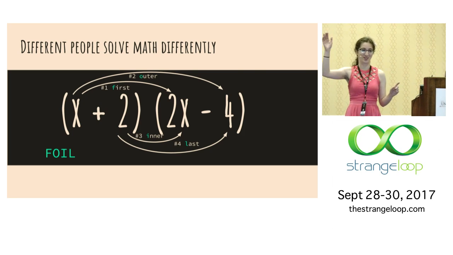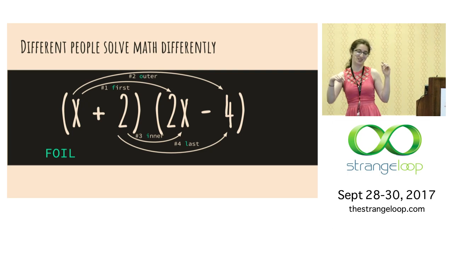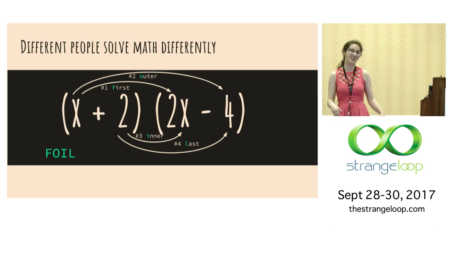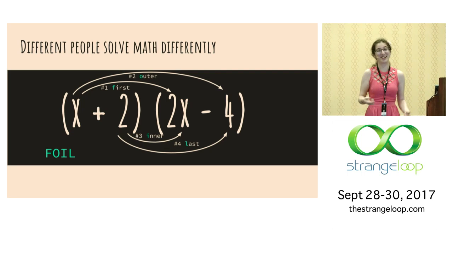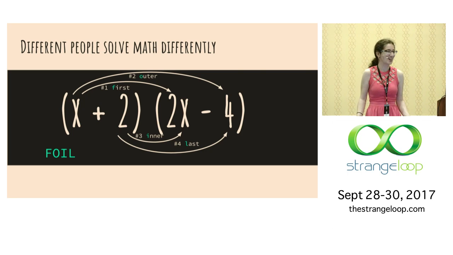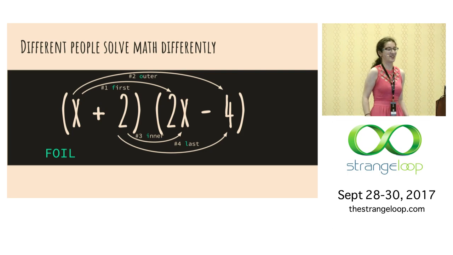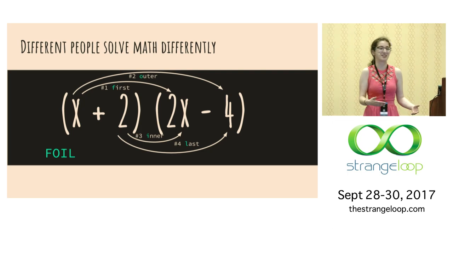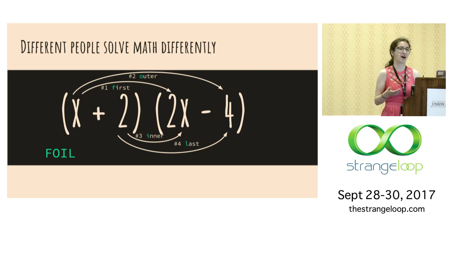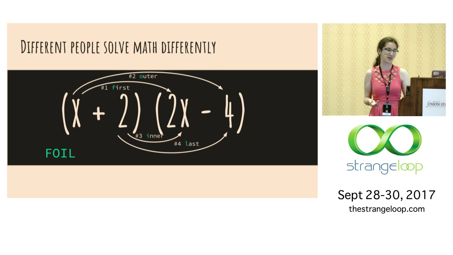Anyone learn this as FOIL in school? Yeah, so there's the first, the outer, inner, and last, and that's how you know what the answer is, until you add a third term in either of the parentheses, and then students are like, I have no idea what to do, because they don't know how the math works. It's a mnemonic. It's a way to memorize how this math works, but it's not the why, and so they can't really expand that.